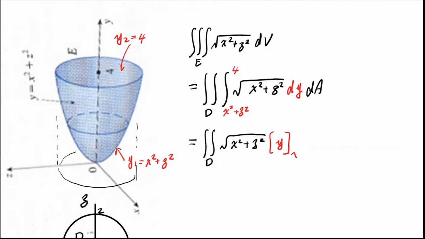And y will vary from x squared plus c squared to 4, and we have the rest of the dA. Are you with me? Because the y did not appear in the first integral, so that one was easy. Good?